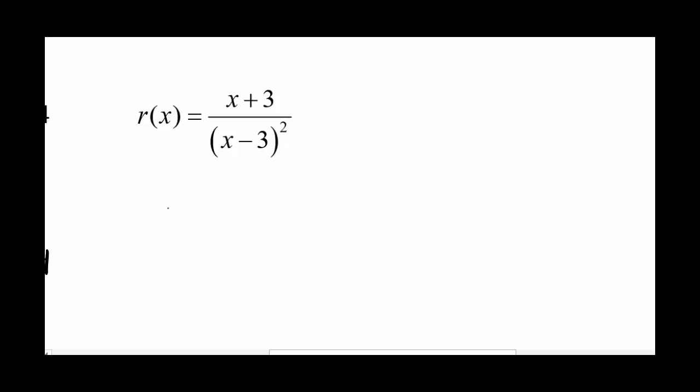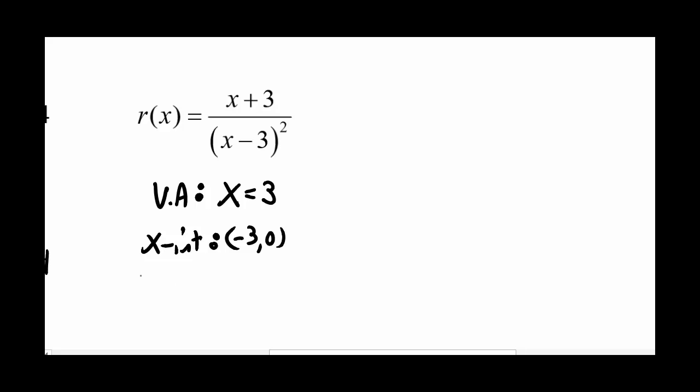So starting with the vertical asymptotes, I get those by looking at the denominator, and that's at x equals 3. The x-intercepts I get by looking at the numerator. So if I set that equal to 0 and solve, I get (-3, 0). The y-intercept I get by evaluating it at 0.